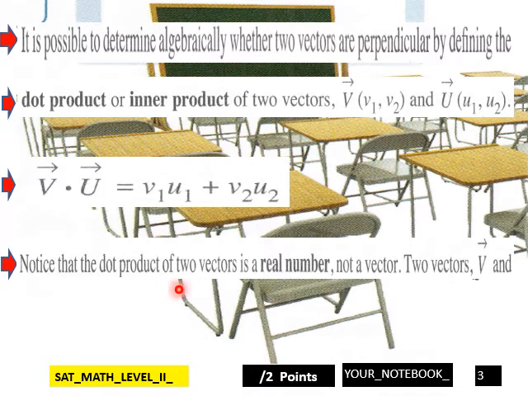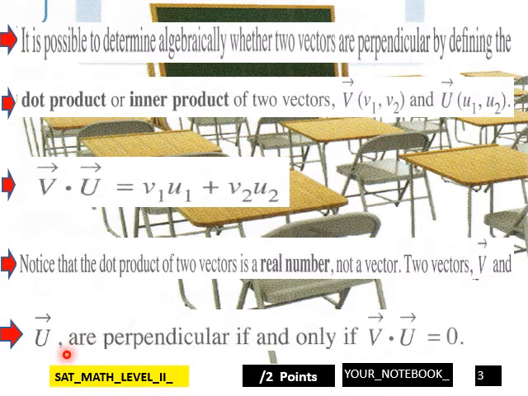Notice that the dot product of two vectors is a real number, not a vector. Two vectors, say vector v and vector u, are perpendicular if and only if the dot product equals 0. So you should have all this, students, within your pre-calculus background. If you don't, contact me and I can provide you lessons to help you get your vector education going here.